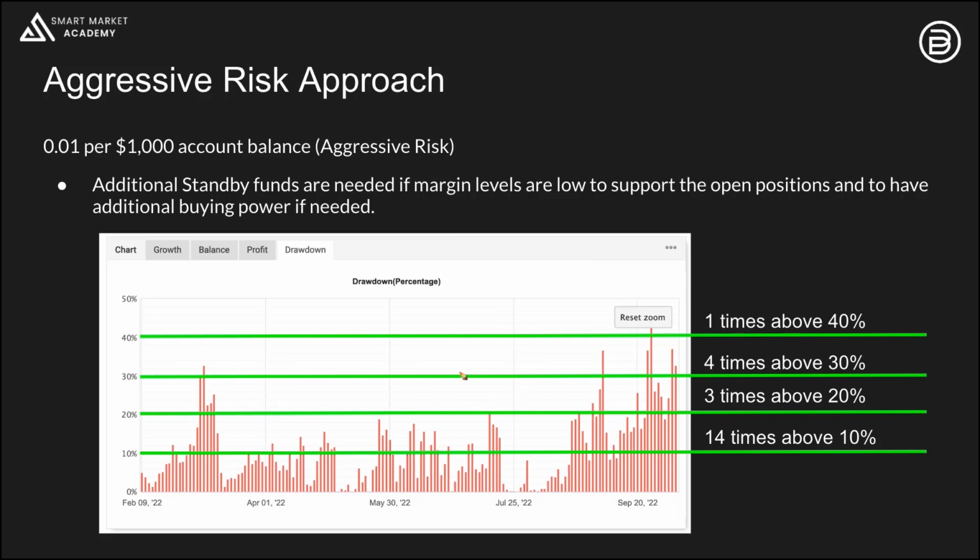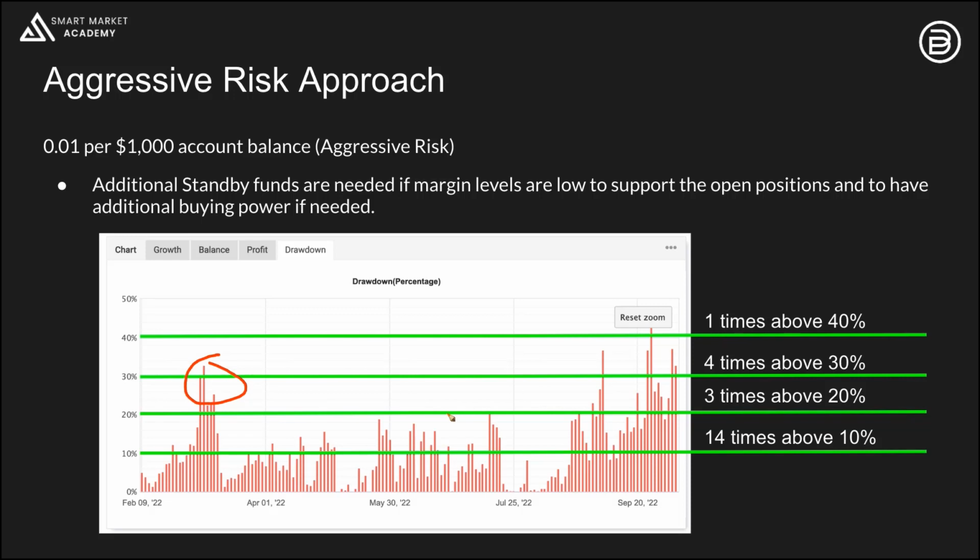And you can see right here, we had drawdowns in 2022. By the way, I'm using 2022 as the benchmark, because the results we're going to look at are in 2022.